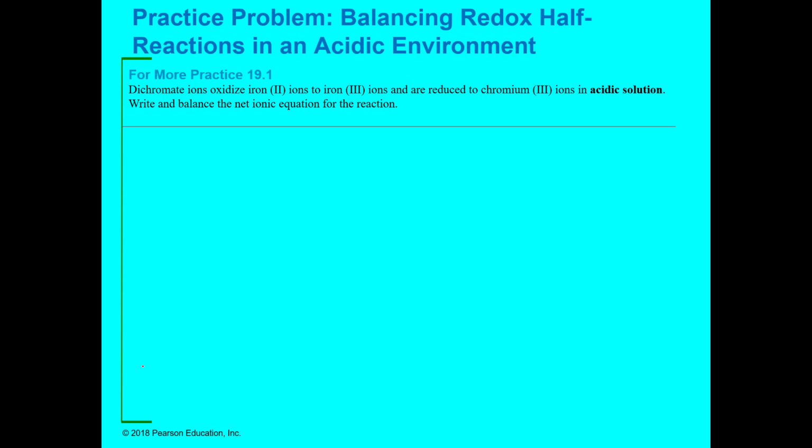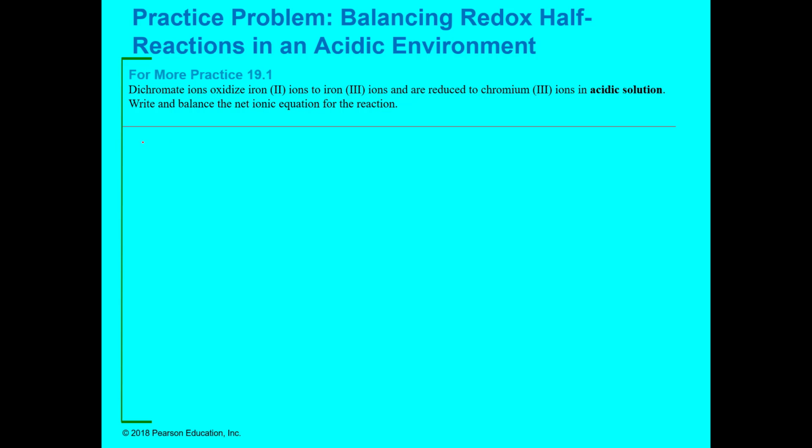All right, so this is for more practice, but since it's complex, I'm going to go ahead and write it for you. I'm going to go through the steps with you because this is one where you actually do have your oxygens and all that. Okay, so dichromate, and if you don't know what dichromate is, you do have a polyatomic chart that you can look up.